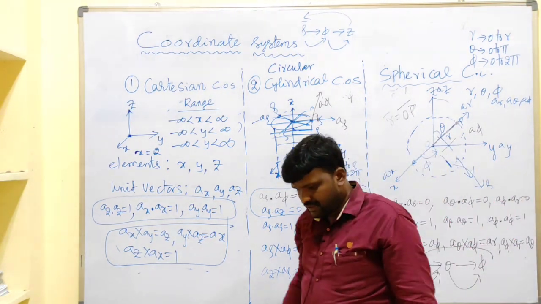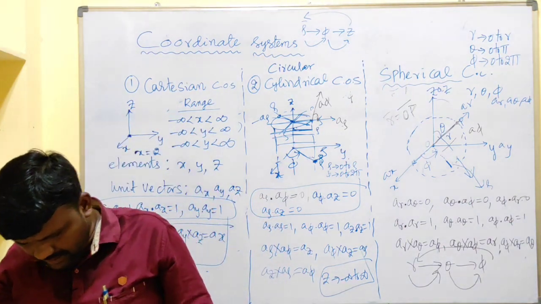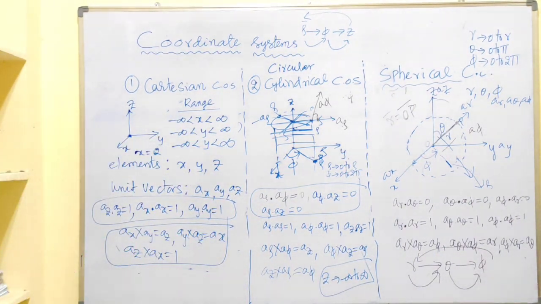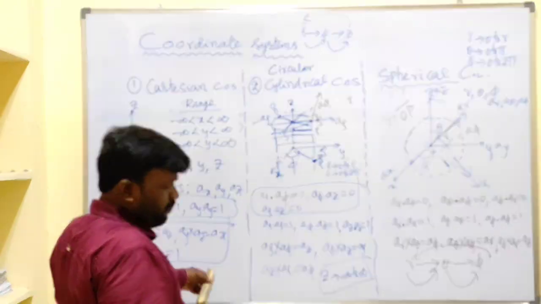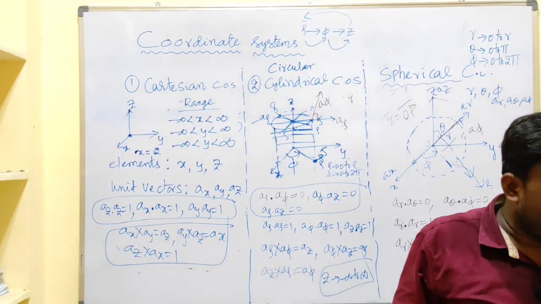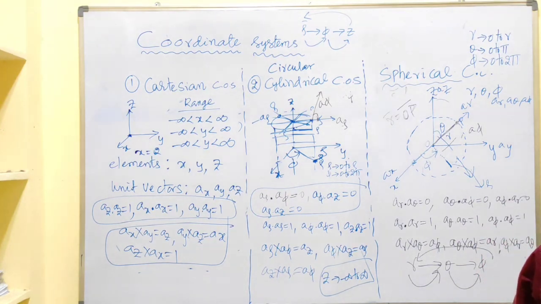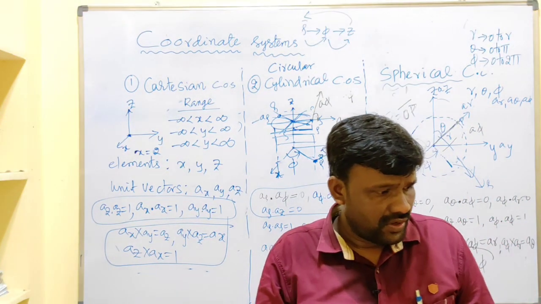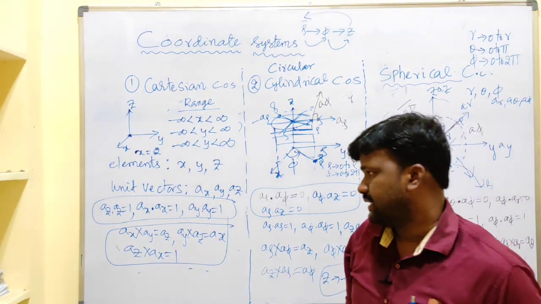This is all about the elements in different coordinate systems. This is brief information about our three basic coordinate systems, which are helpful to analyze our electromagnetic field quantities.